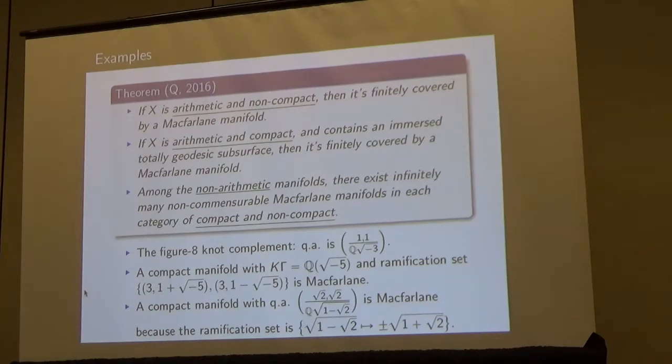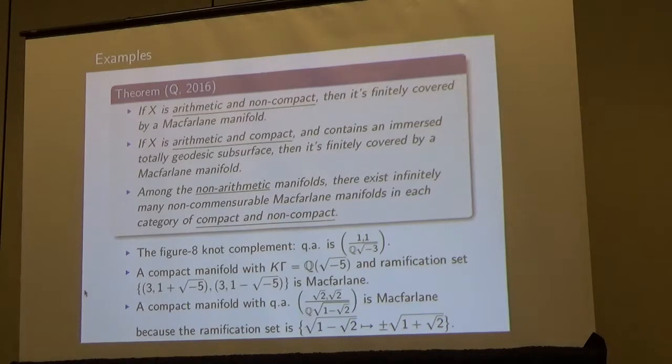Well, it so happens that if I have an arithmetic and non-compact manifold, it's always going to be finitely covered by a Macfarlane manifold. If I have an arithmetic and compact manifold that contains an immersed totally geodesic surface, again, it's finitely covered by a Macfarlane manifold.